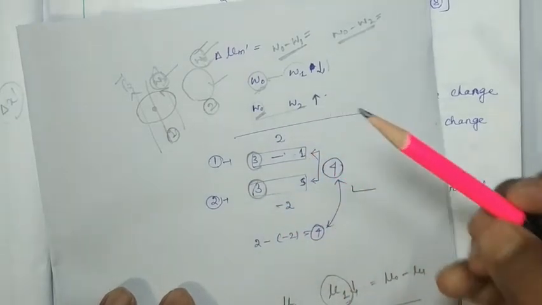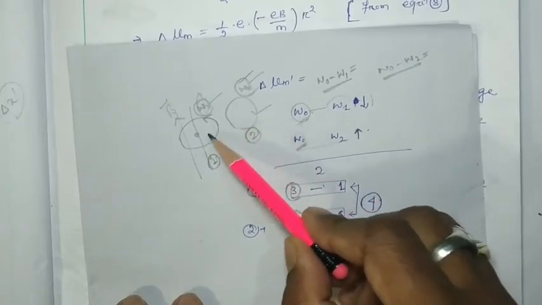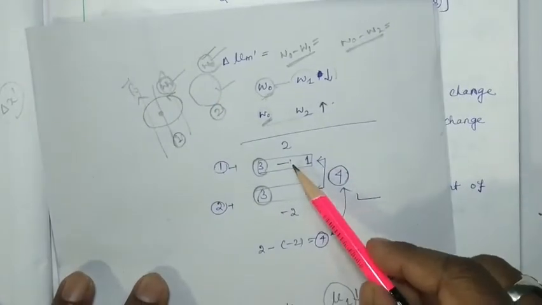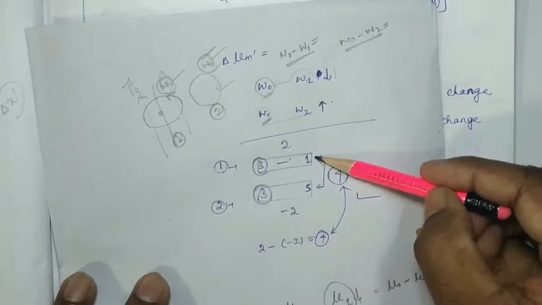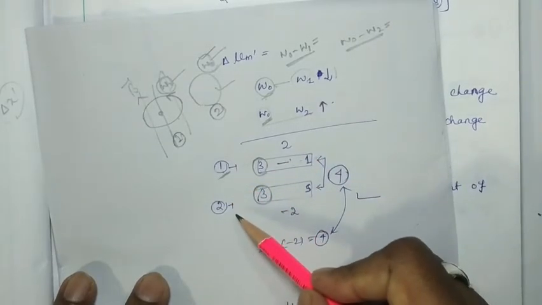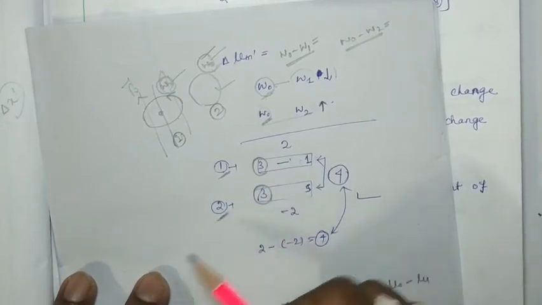As both the electrons are the same in mass and in the same magnetic field strength, whatever magnitude the angular velocity decreases for one electron, that much magnitude the angular velocity will increase for electron 2.